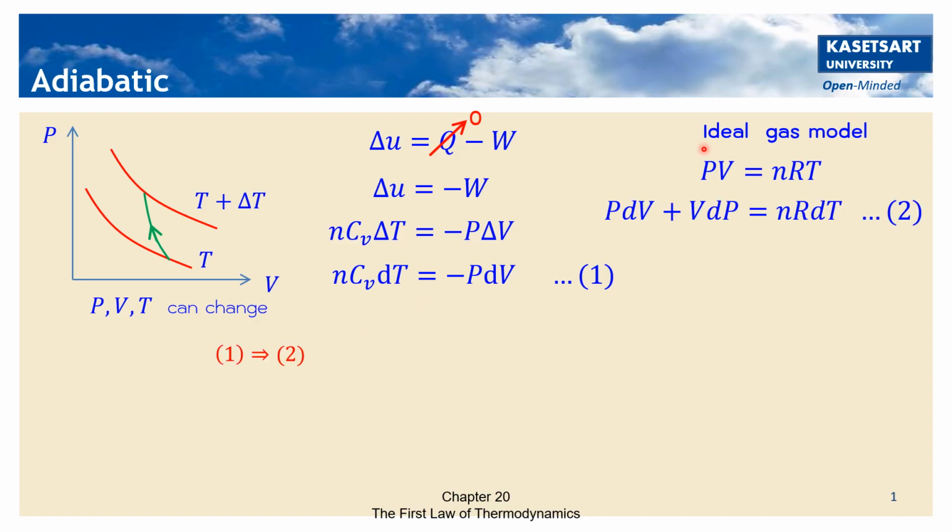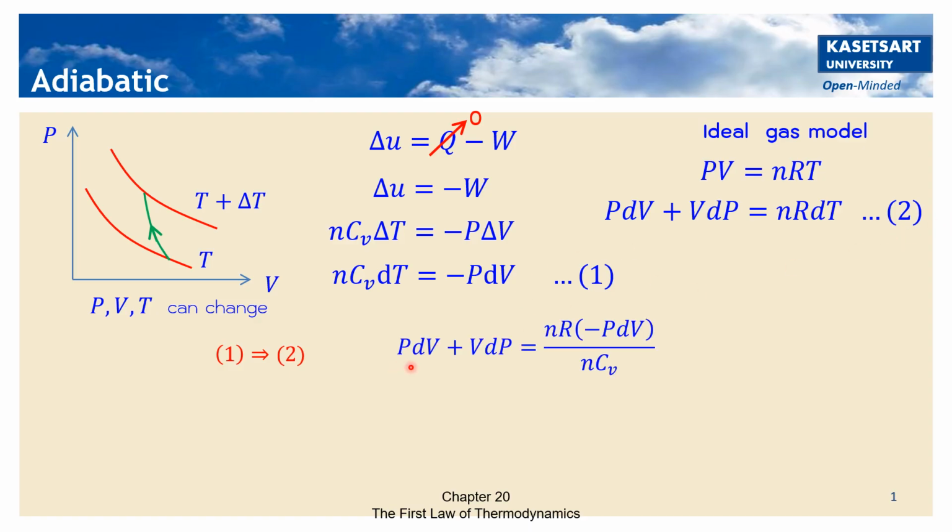And another idea, for the ideal gas model, you have PV equal to nRT. You differentiate this equation, you have PdV plus VdP equal to nRdT. You substitute equation 1 into equation 2.